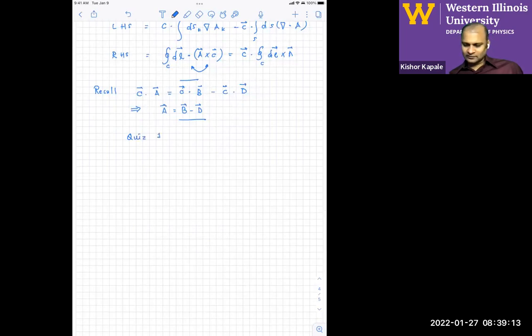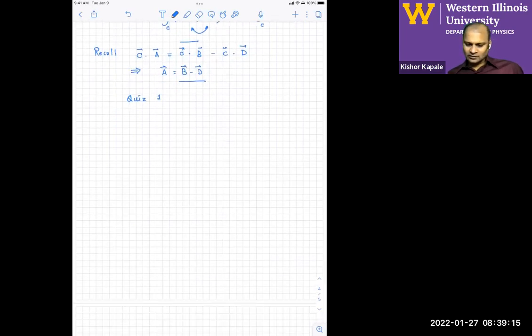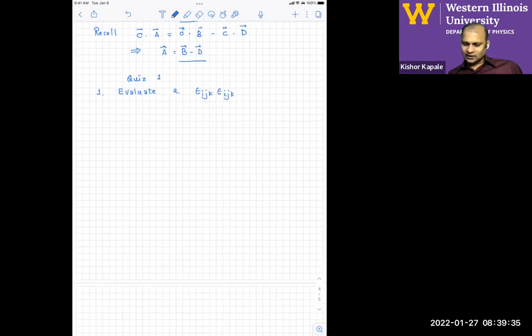Quiz 1. Evaluate A, which is epsilon ijk product epsilon ijk. And then the other quantity that you want to evaluate is a product of delta ij times epsilon ijk.